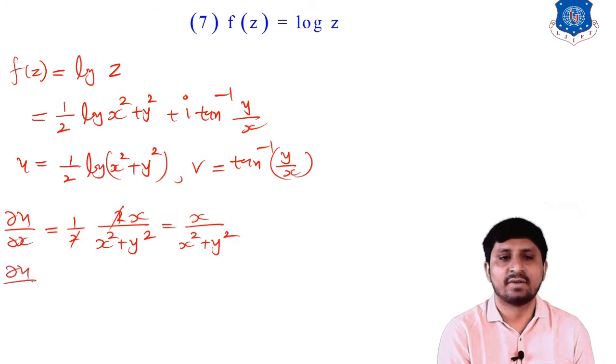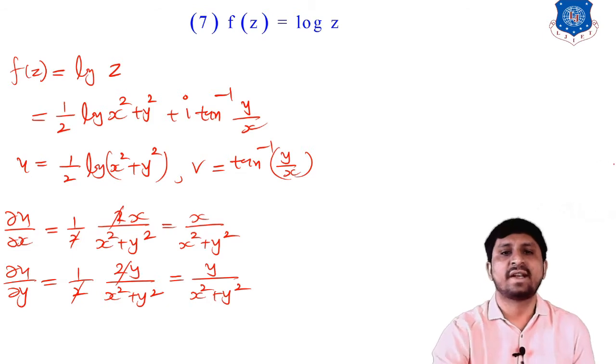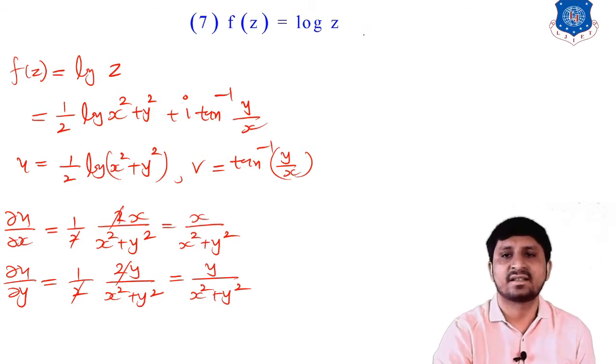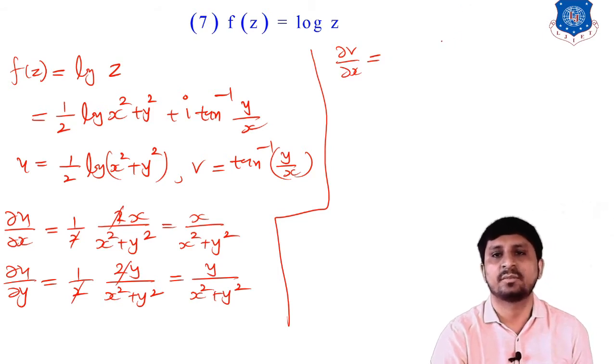Now del u by del y, that is again 1 by 2 into 2y upon x square plus y square. So this 2 will be cancelled out. So that can be written as y upon x square plus y square. Okay, now find del v by del x. v is equal to tan inverse y by x, and the differentiation of tan inverse is 1 upon 1 plus square.